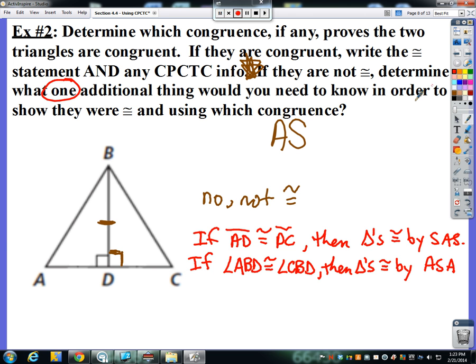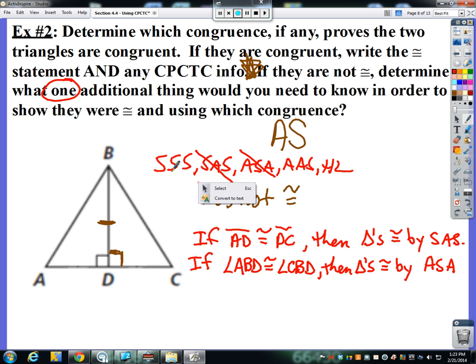What could be another answer we could use here? So out of side, side, side, side, angle, side, angle, angle, side, and HL, I've used side, angle, side. I've used angle, side, angle. With just one extra thing that I could say here, I wouldn't be able to accomplish side, side, side, because I would need to say two sets of sides would be congruent.